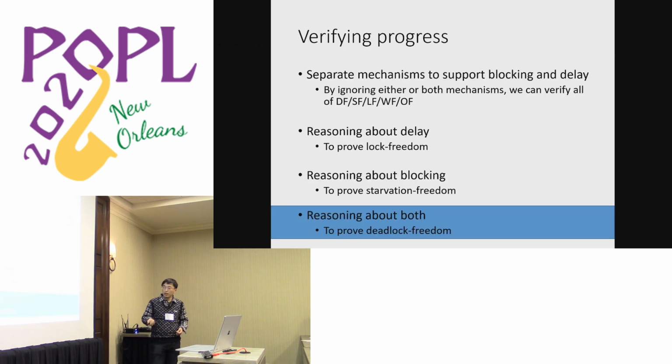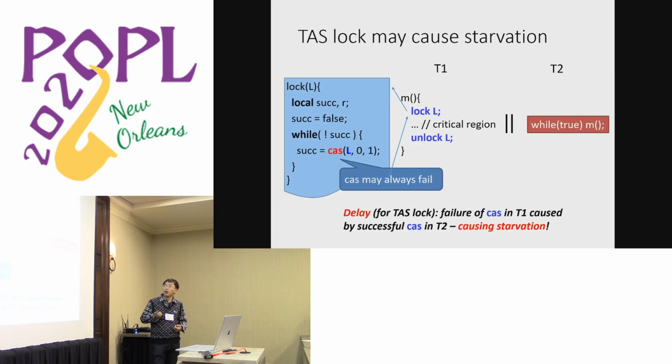Okay. Then to handle this case, we have to reason about both delay and blocking. And we look at our test and set lock. Here, again, this delay is caused by the successful acquire of the lock in the environment.